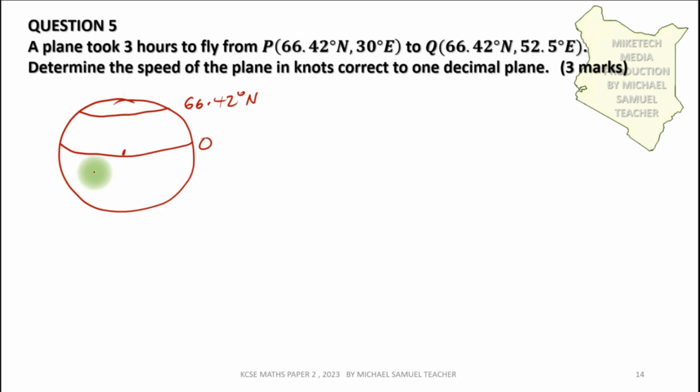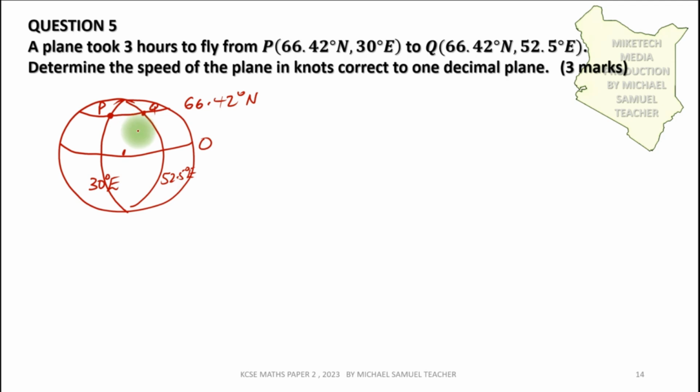So P is west of Q: point P is 30 degrees east, and then we have point Q, which is 52.5 degrees east.